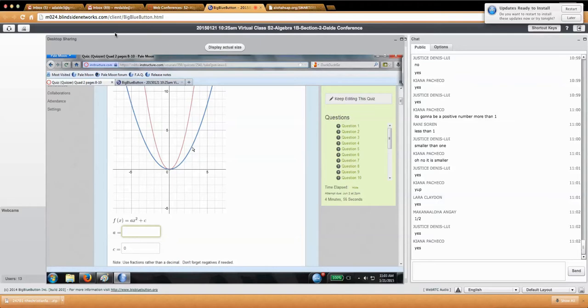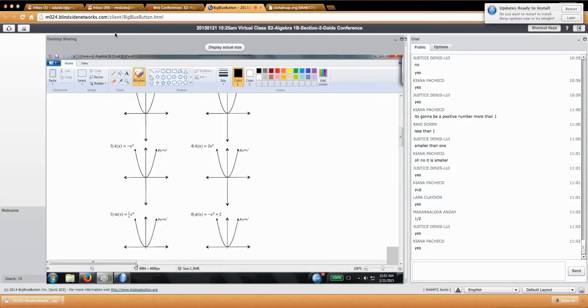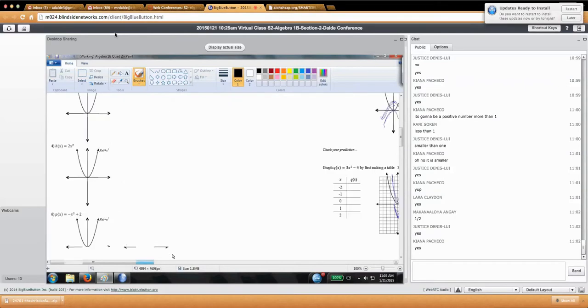So what I would do, if I were you, is test things out. By the way, this is just our work over here. I would guess that my graph looks like y equals 1/2 x squared.